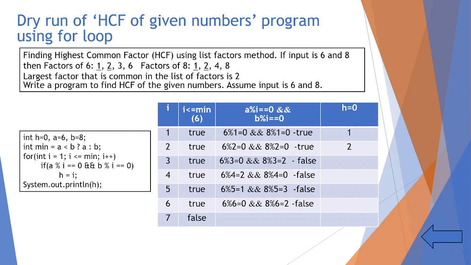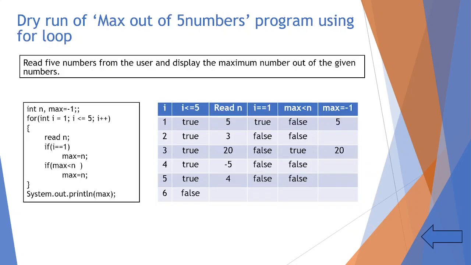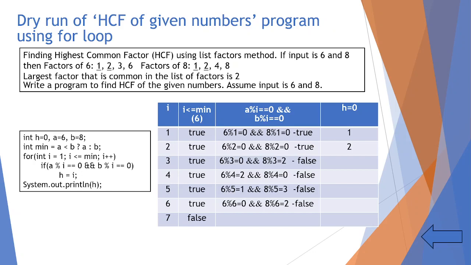Then I plus plus. Is 6 divisible by 2? Yes. And is 8 divisible by 2? Yes. So both of them are true. So my H was 1. Now it will be replaced by 2, whatever is there in I. Rest of the things, if you see, all of them are false. 6 is divisible by 3, but 8 is not divisible by 3. 6 is not divisible by 4, but 8 is divisible by 4.